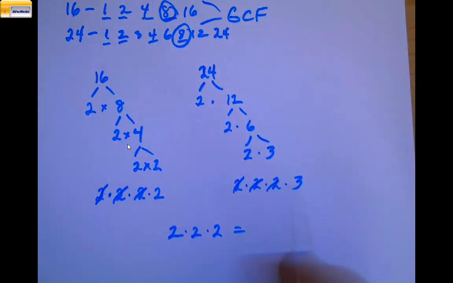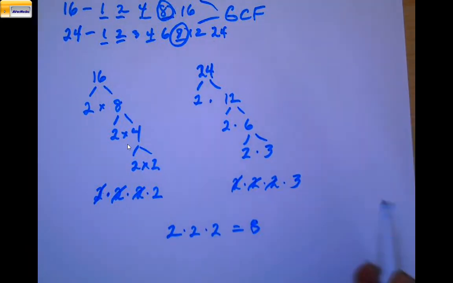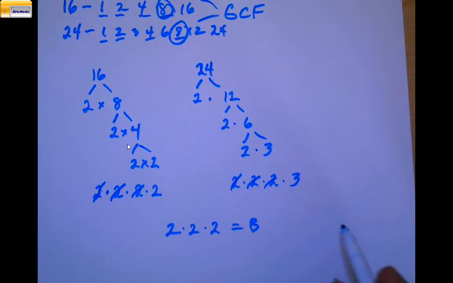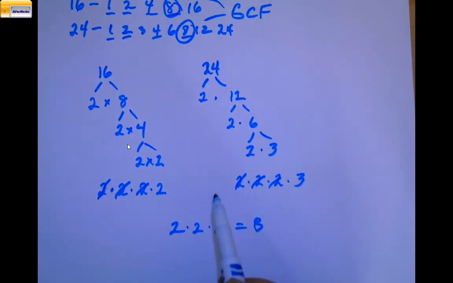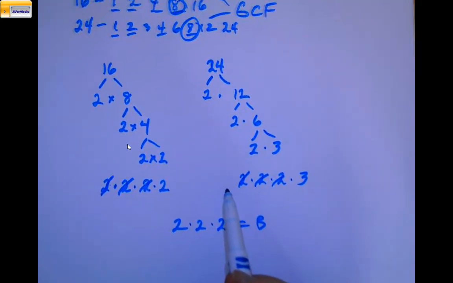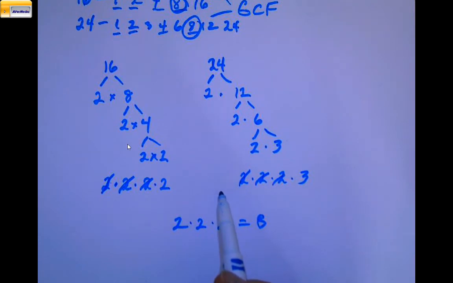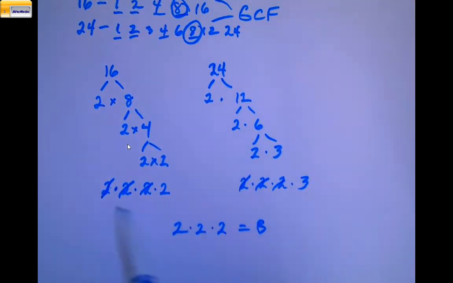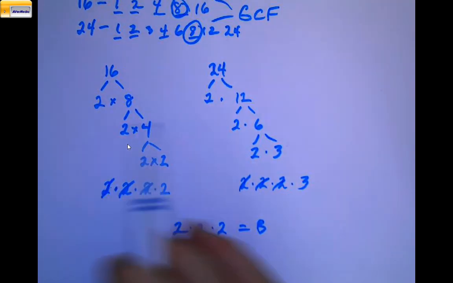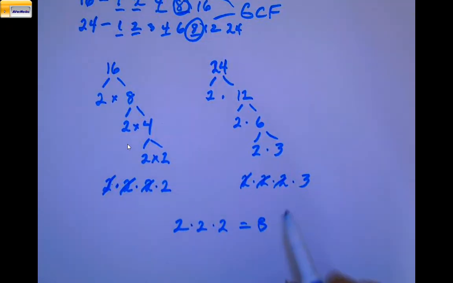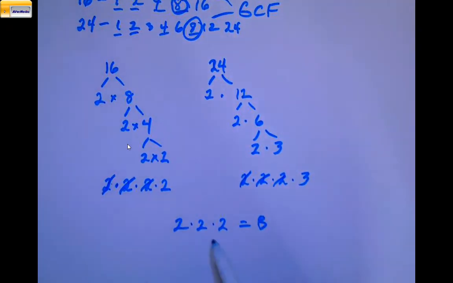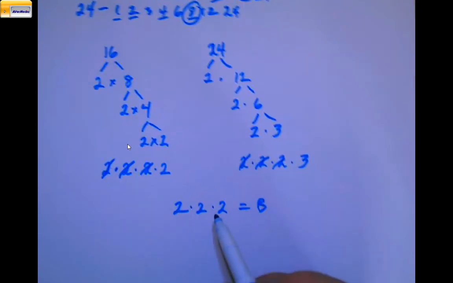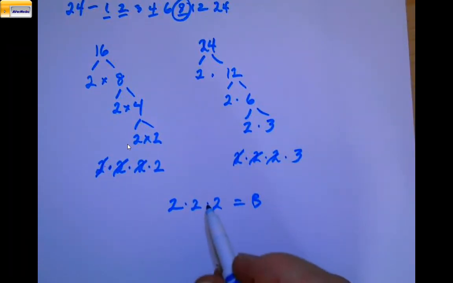That's all they share. So that's 8. That's another way to find the GCF using prime factorization. This comes in handy if you have really large numbers that you're trying to factor, so it's better to go ahead and do a factor tree like this. So we find the greatest common factor.